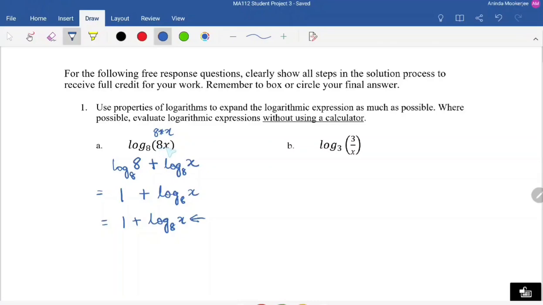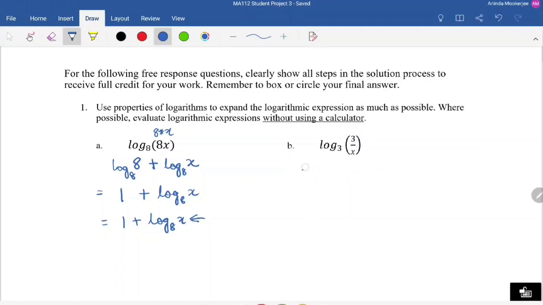We split up 8 times x and wrote it as 2 separate terms, but we had a plus in between because of the product rule. This is the quotient rule, so we have to rewrite this as 2 separate terms using log base 3 for each term, but there has to be a subtraction sign.